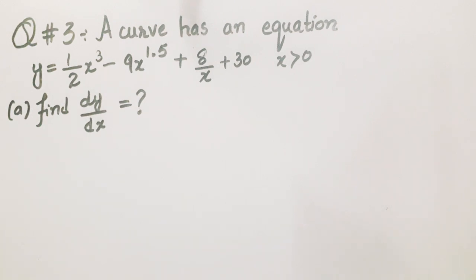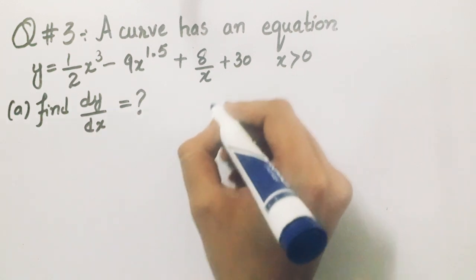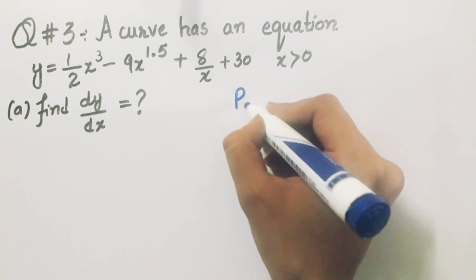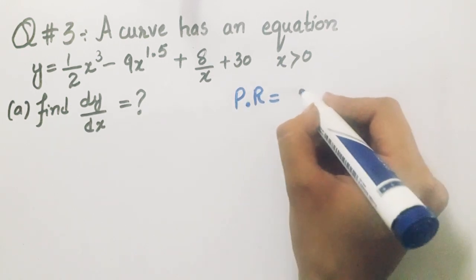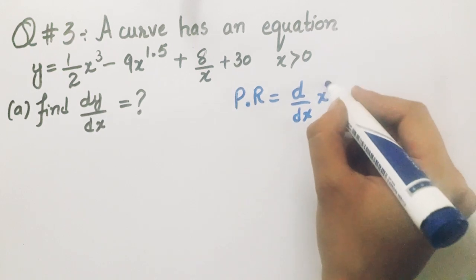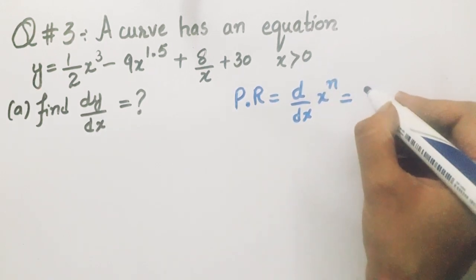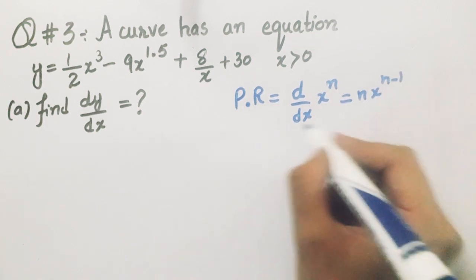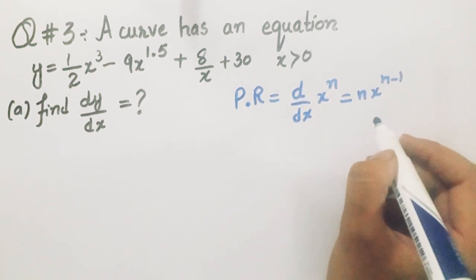For this purpose we will apply the power rule of differentiation. The power rule is dy by dx of any function like x raised to power n will be equal to n into x raised to power n minus 1. So we will use this here.